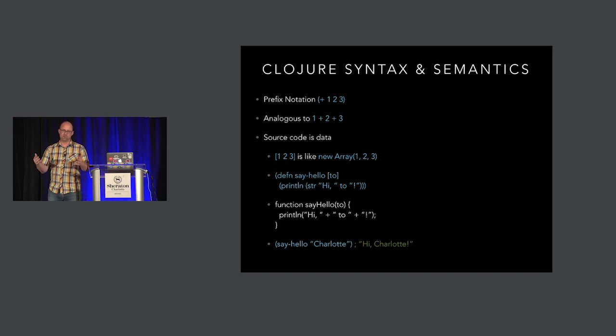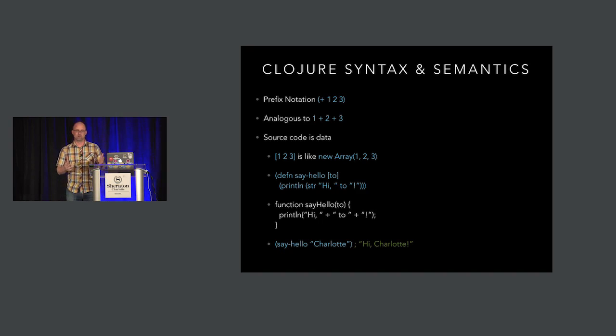Clojure uses what's called prefix notation. Every time you're going to call code, you start with parentheses, and you have a function in there. In this case, that plus sign is a function. So plus 1, 2, 3, it's analogous, same thing as 1 plus 2 plus 3. Your data, you have a couple of different data structures. Like in here, we have an array, starts with square brackets. You have functions.